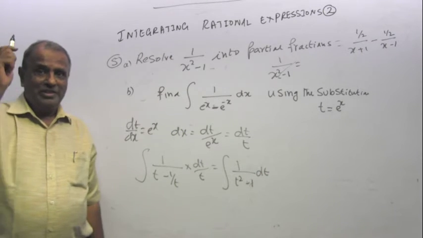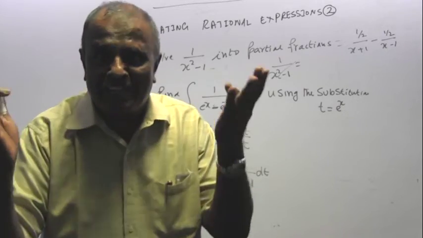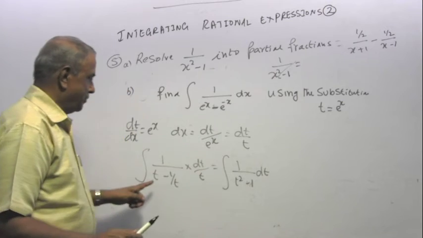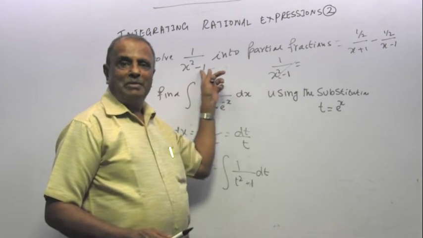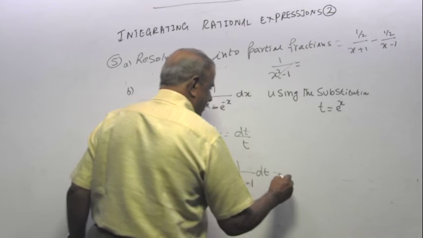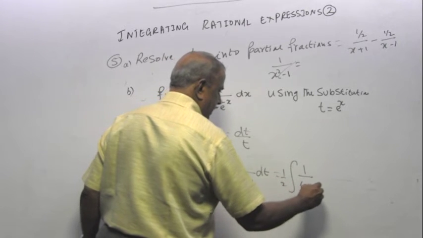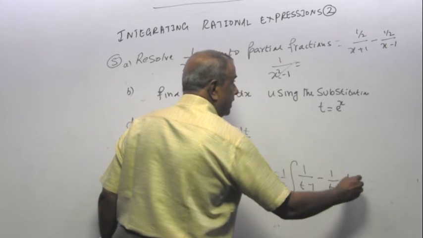Remember I told you, if you have part A and part B, in 99% of the cases, part B has got something to do with part A. 1 over t squared minus 1, 1 over x squared minus 1. So that is half the integral of 1 over t minus 1 minus 1 over t plus 1 dt.